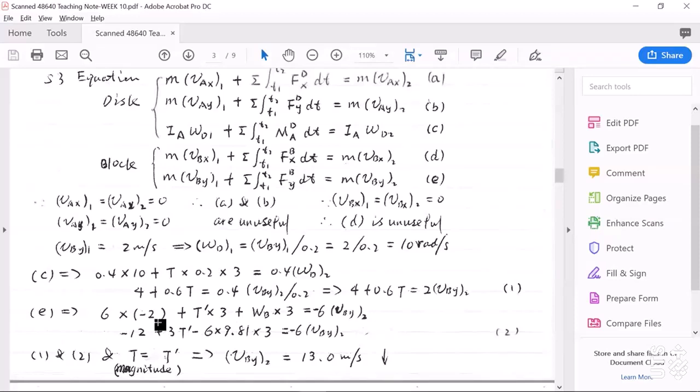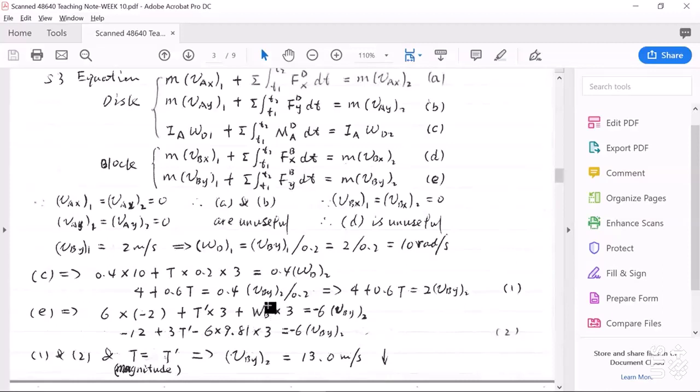Equation E is for the block. This is the linear impulse generated by T prime, the tension force in the cord, and the weight force WB. For T prime, because its direction is upward, the linear impulse generated by T prime is positive.